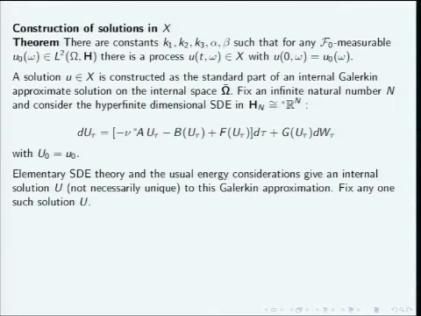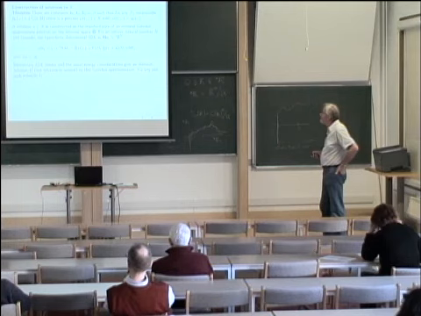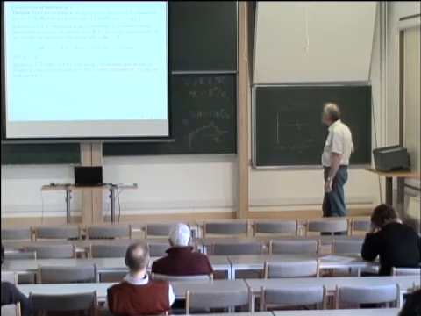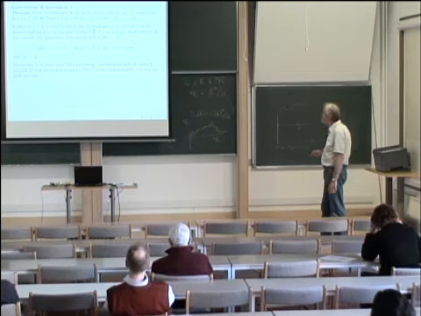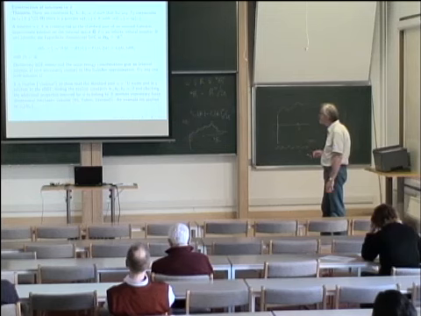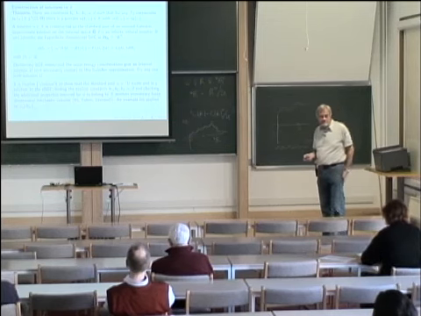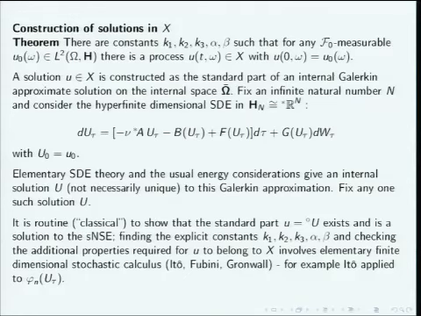So this is a solution whose underlying space is the omega. The time is running through positive hyperreals, and we just take any one such solution. And I say it's routine or classical. In other words, this was first done 14 years ago, so I suppose that makes it classical, to show that this non-standard object that you've got here, a solution to this equation, you can take a standard part.